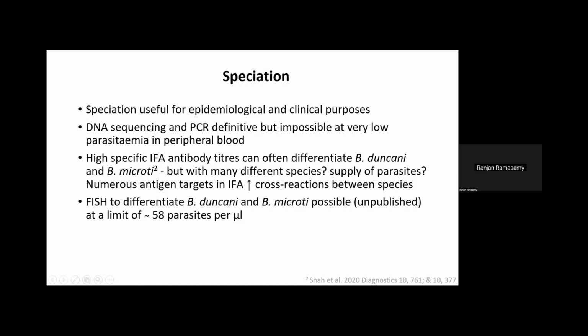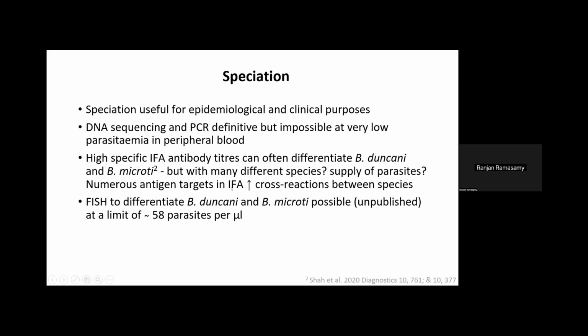High specific antibody titers can often differentiate between Babesia duncani and Babesia microti. In other words, you have specific reaction with Babesia duncani grown in hamster red cells or with Babesia microti grown in hamster red cells.